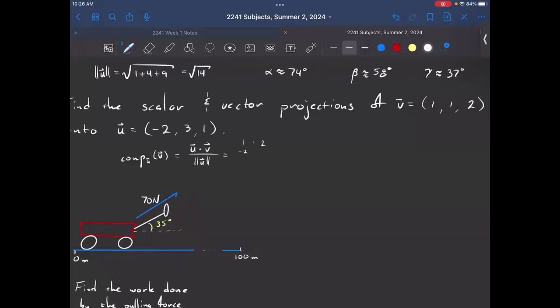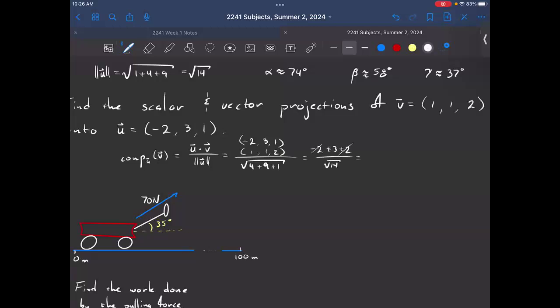Actually, I had that a little backwards, sorry. And then divide by the square root of 4 plus 9 plus 1. Again, that's 14. So we got minus 2 plus 3 plus 2. The 2's cancel out, and we get 3 over the square root of 14.